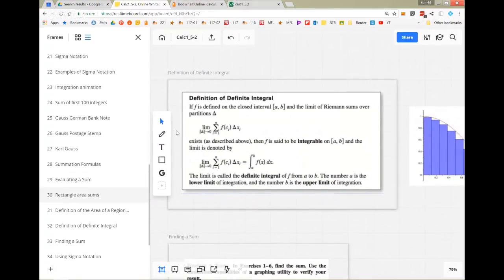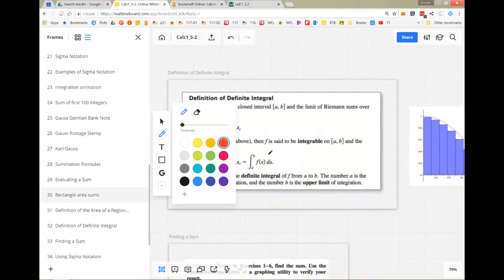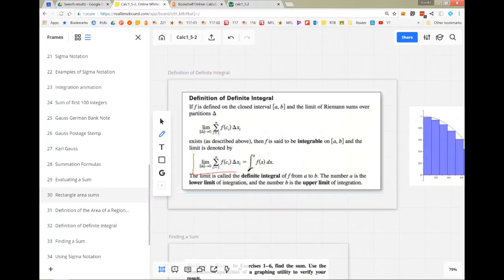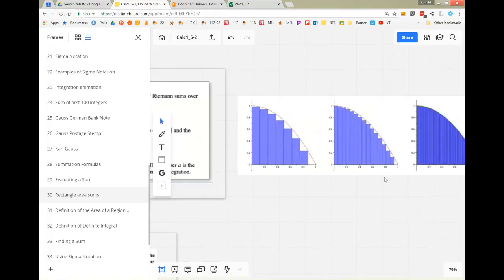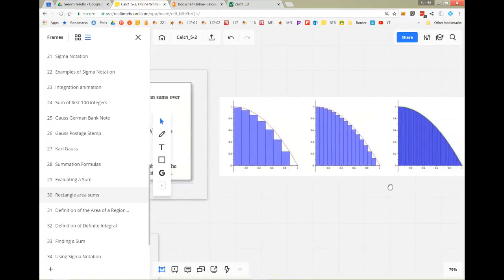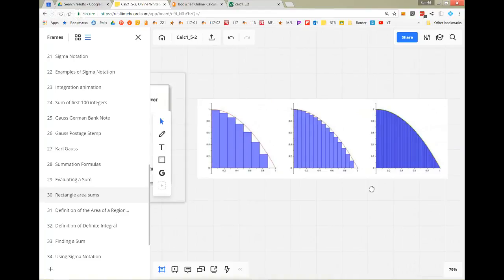And so here's the thing I'd really like to point out to you, right here on the bottom. What happens as you take all these rectangles and add them up as the width of the rectangle goes to 0? You see how the rectangles are getting skinnier and skinnier as we move to the right.